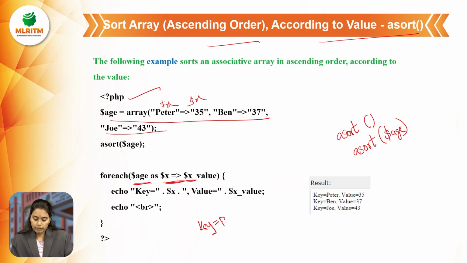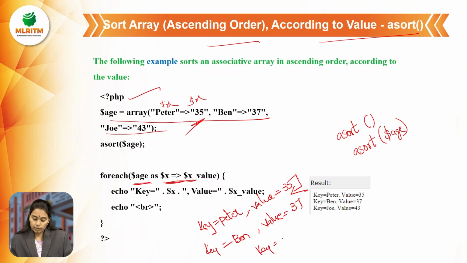Key equal to $x, Peter, comma, value equal to, what is the value assigned for this? 35. Next, after br, going to the next line, Ben, value equal to 37. After that, key equal to Joy, value equal to 43. Thus will be the output for the sort array asort function.